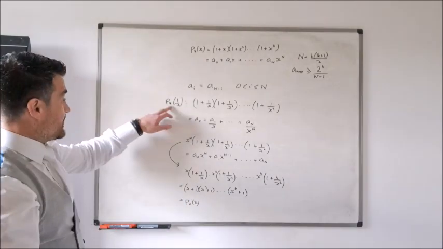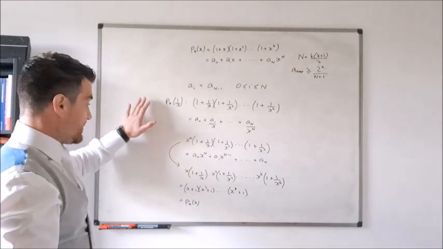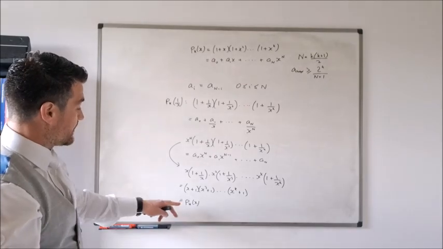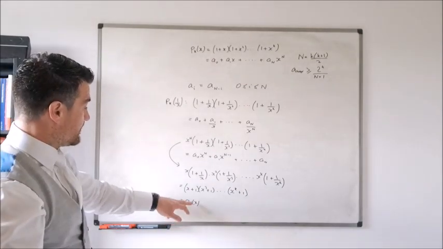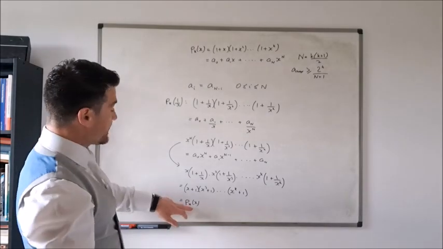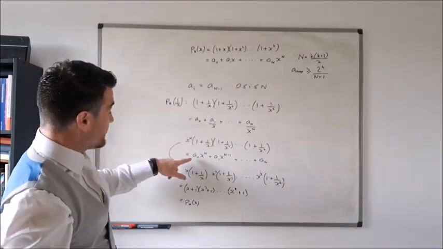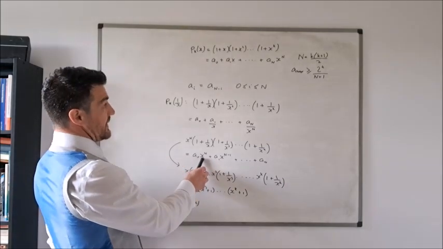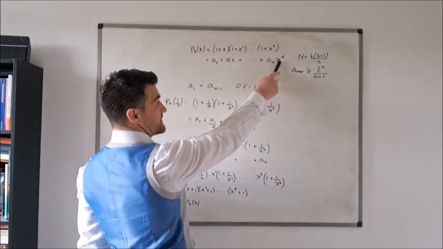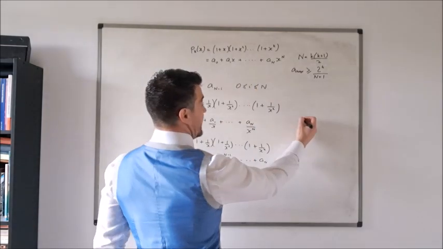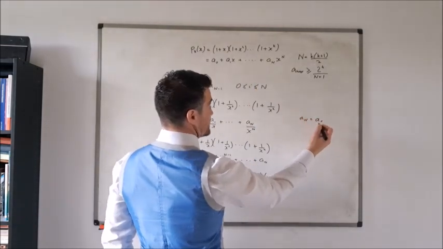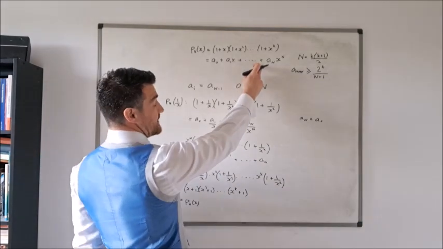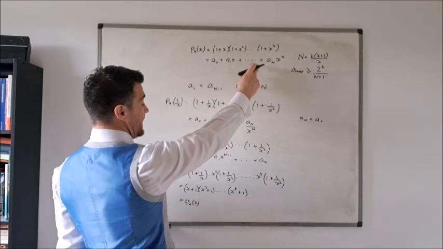In other words, p sub k of 1 over x multiplied by x to the power of n is equal to p sub k of x. Okay? And therefore, remember, p sub k of x is equal to this, but we've just shown it's also equal to this. So that means that the coefficient of x to the power of n here must be the same as the coefficient of x to the power of n here. In other words, a n is equal to a naught. The coefficient of x to the power of n minus 1 here has to match the coefficient of x to the power of n minus 1 here.